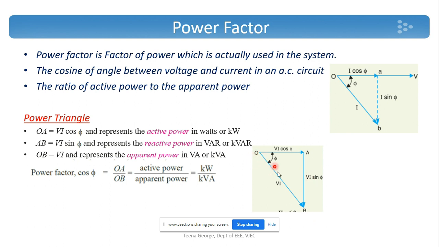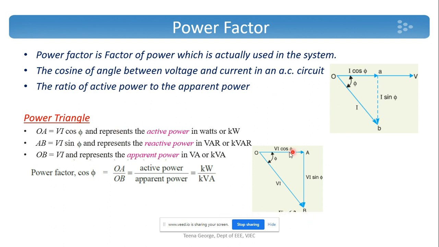The resultant power is VI root of cos square phi plus sin square phi, which is 1. So the resultant power is VI. So VI cos phi gives active power, VI sin phi gives reactive power, and VI gives apparent power.